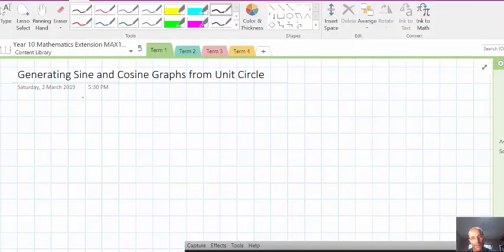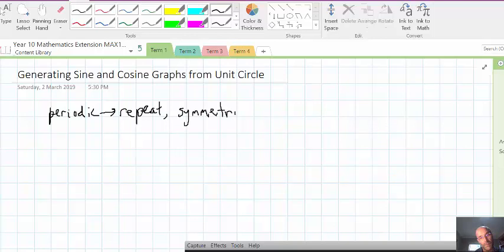So to summarize then, we need to write a few things down, and we notice that we have periodic functions. That means they repeat, and there's a symmetrical shape. Loosely, it can be called a wave.